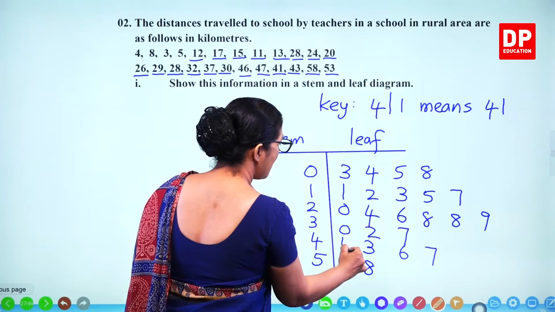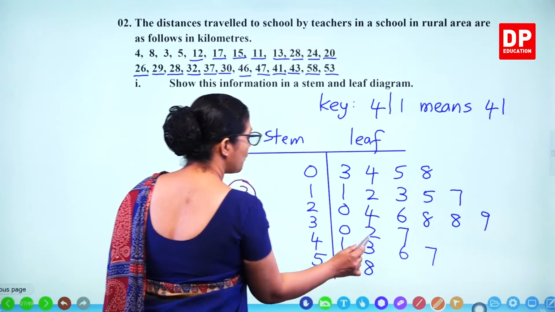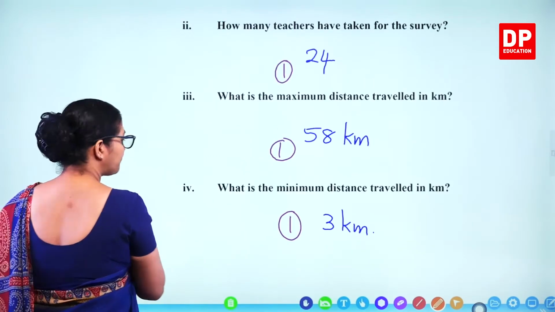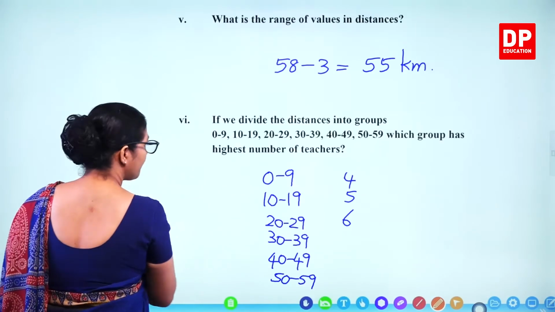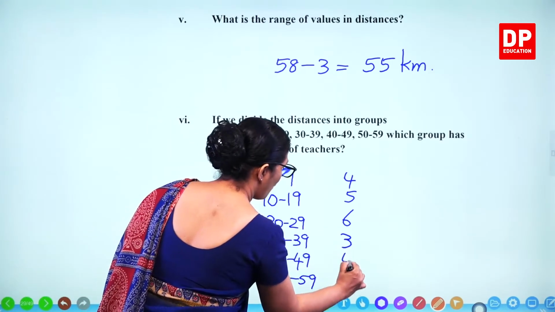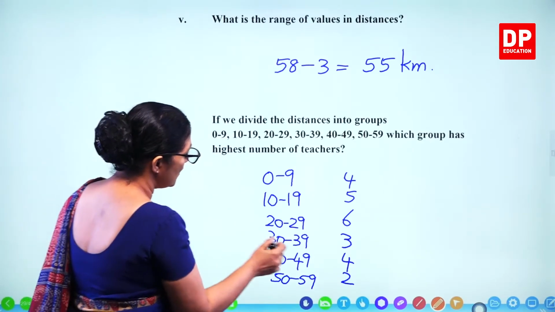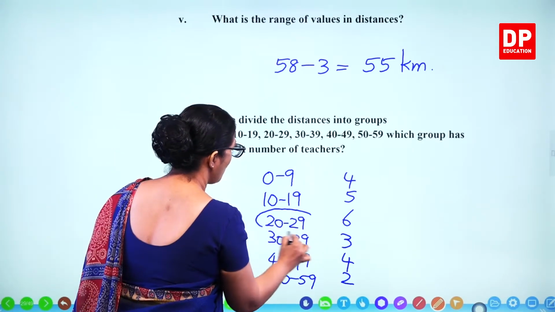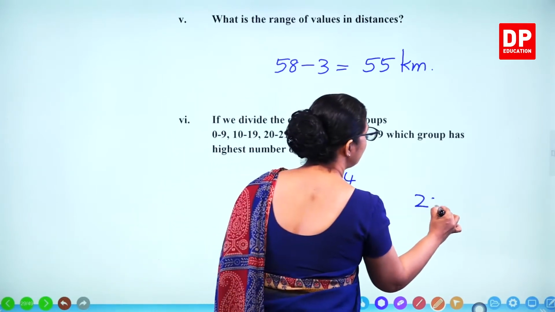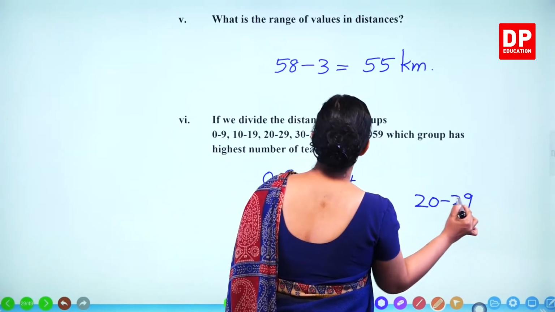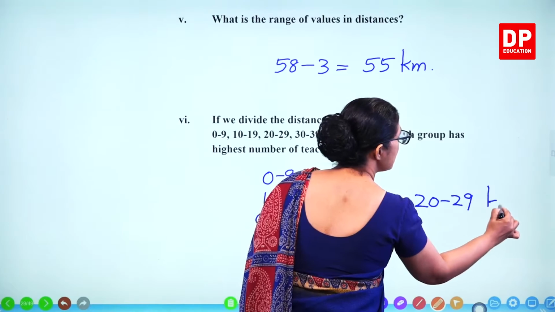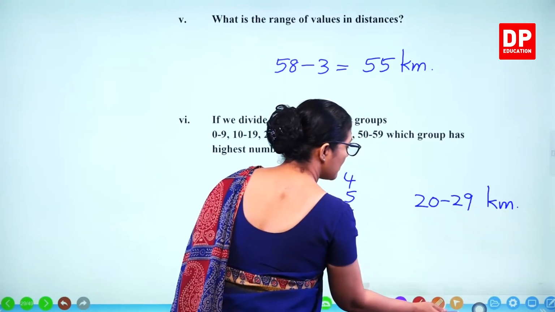The counts are 3, 4, 2. So what's the highest number of teachers in this group? So 22 to 29 kilometer distance is the highest one.